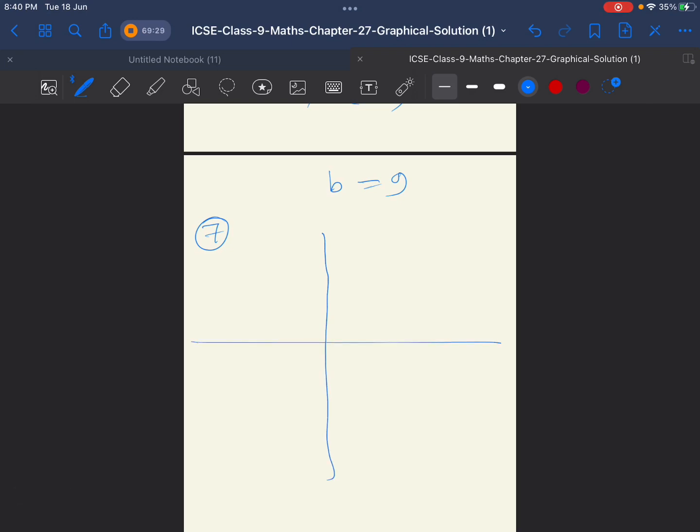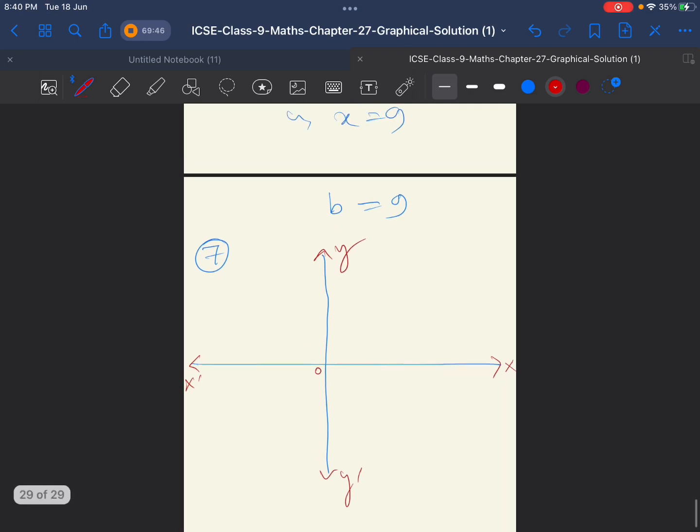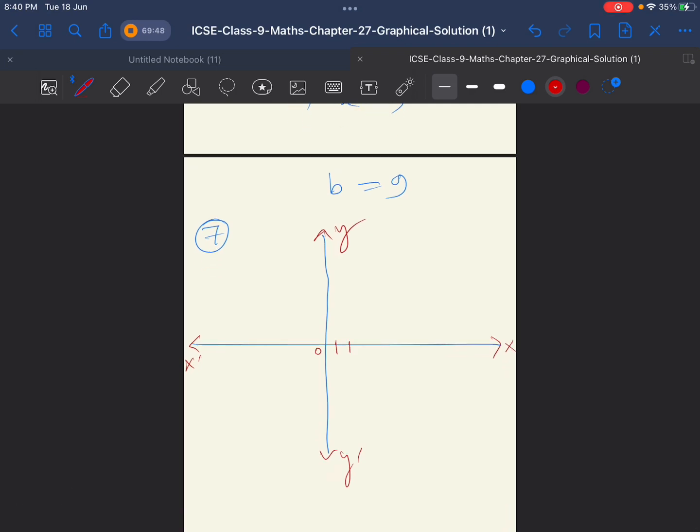Okay, now question number 7. Draw the graph obtained from the table below. So here we draw a graph with XOX dashed and YOY dashed.